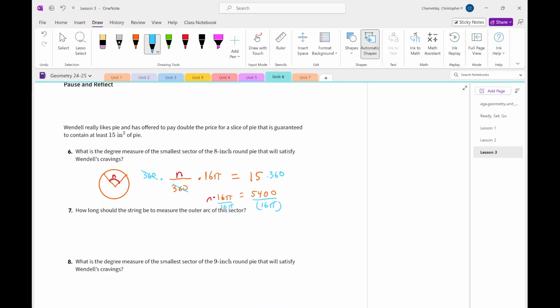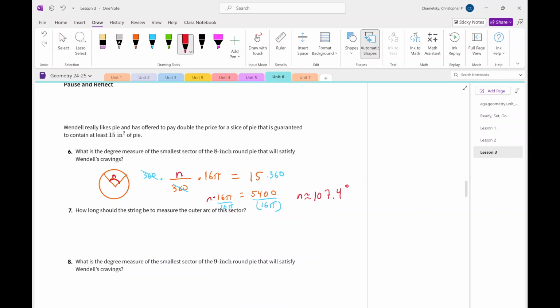If you have multiple things in your denominator, it's a good idea to put parentheses around it. So we do that, and divide by 16 pi, we get an angle that is approximately equal to 107.4 degrees.